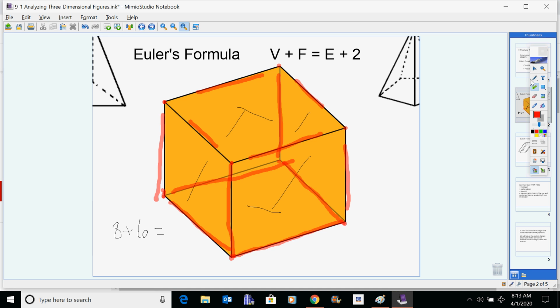So I've got 12 edges. I want to see if that is 12 plus 2. So let's see, this is 14, this is 14. Yes, it does equal. They do equal each other.